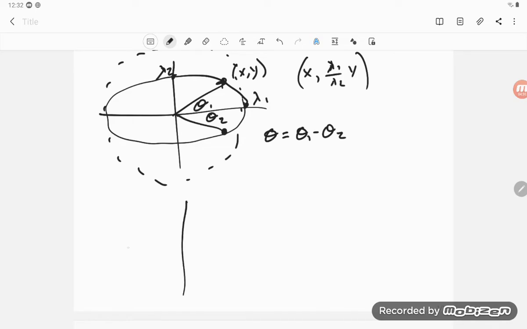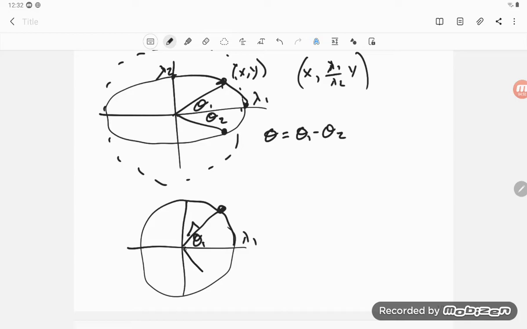So here I'm going to draw a circle, and this is a circle of radius lambda 1. And when I draw this new one up here, I'll call it theta hat, there's a theta 1 hat, and I get a new theta 2, so this is theta 2 hat. And of course this is lambda 1. So I got my theta hat, and that's theta 1 hat minus theta 2 hat.